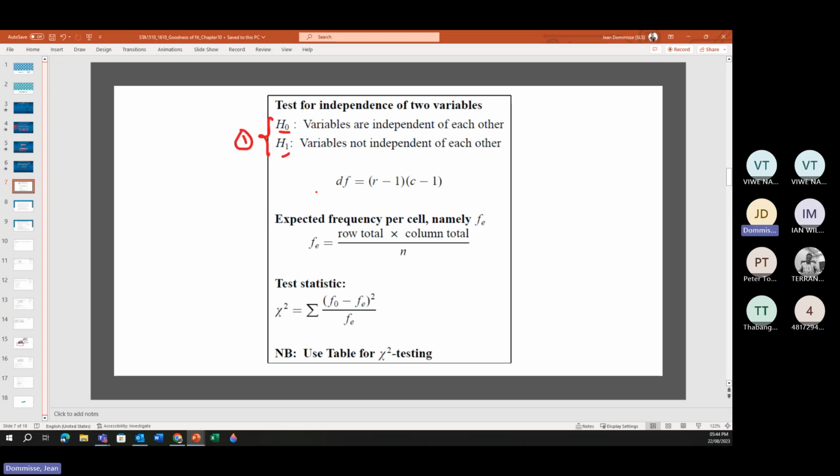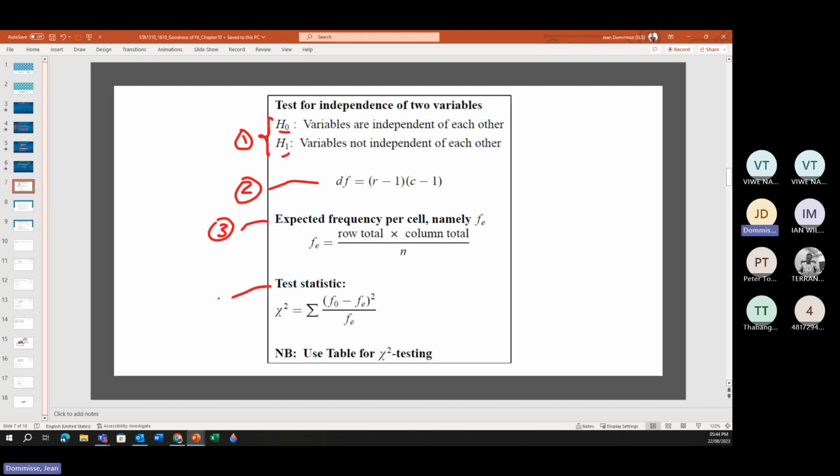The second thing is that we will look at the degrees of freedom. The third component is how to work out the expected frequency if needed. We would get the observed frequency.